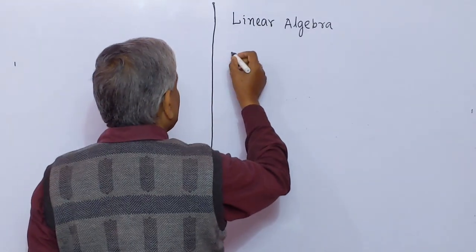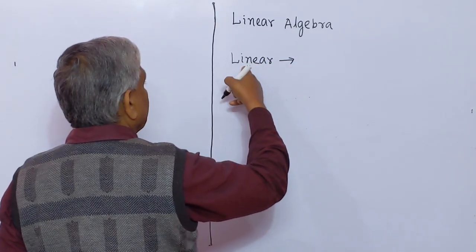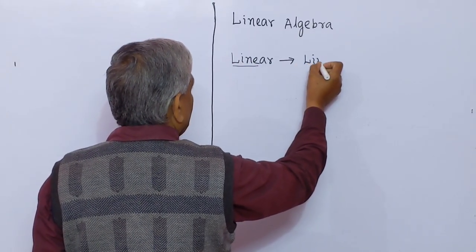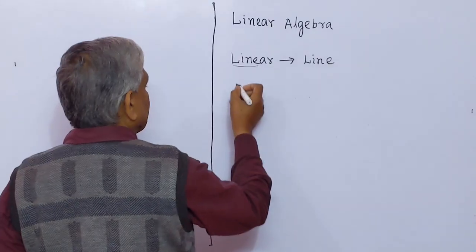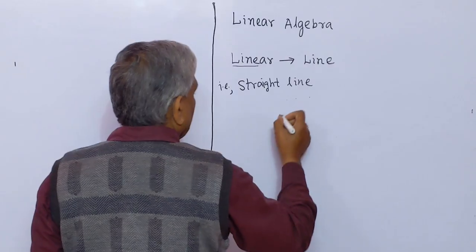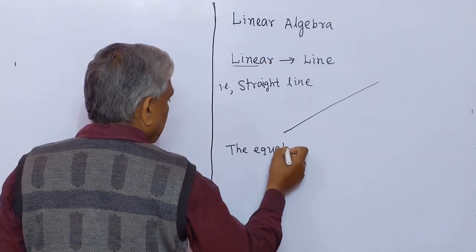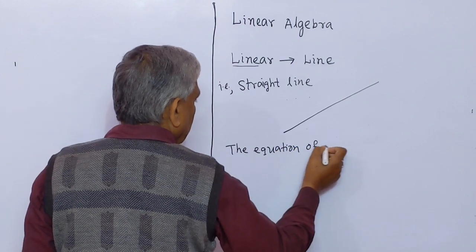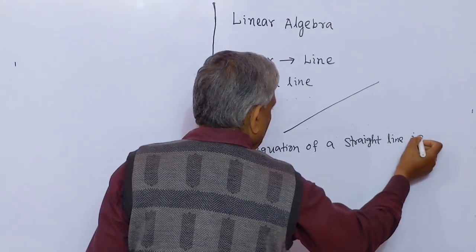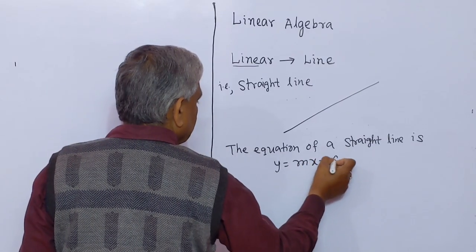Linear means the linear has come from line. That is, straight line. This is a straight line. The equation of a straight line is y equal to mx plus c.